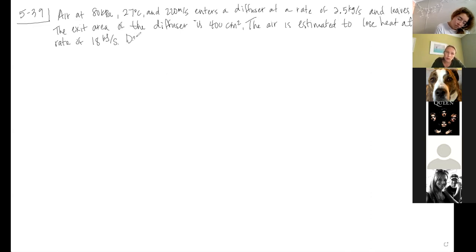Determine A, the exit velocity, and B, the exit pressure of the air.